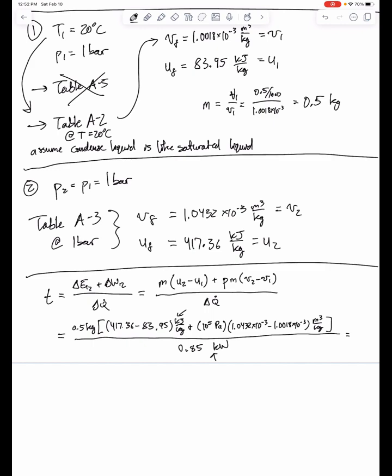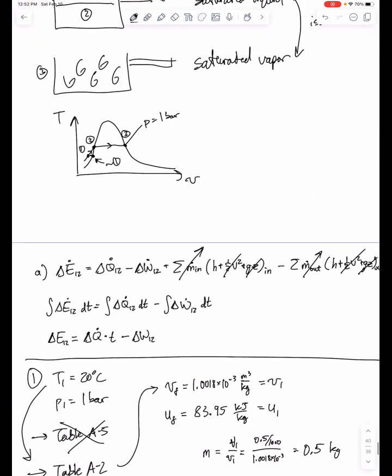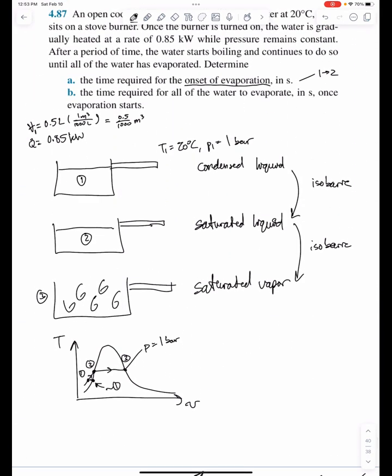Yeah, it looks good to me. So the final answer, you'll get about 198.6 seconds to get your pot of cold water to the boiling point, saturated liquid.